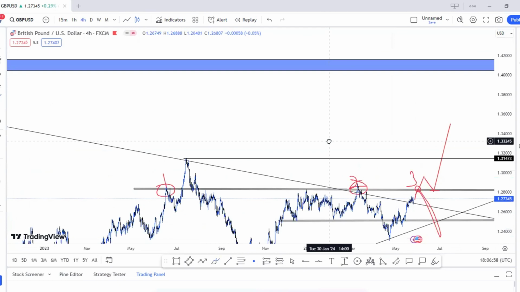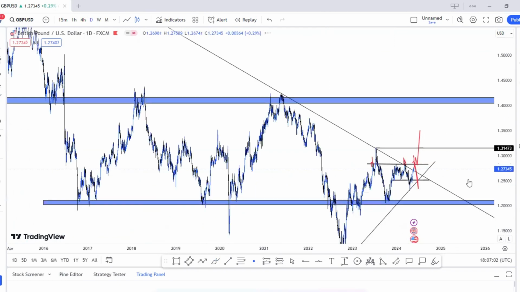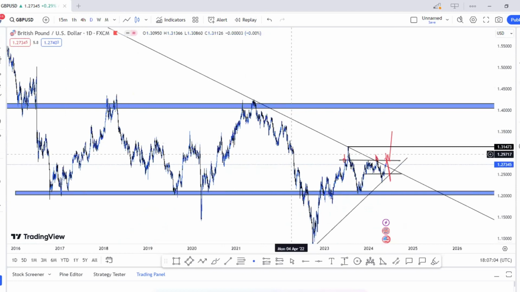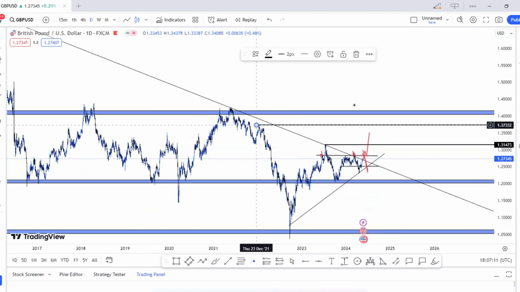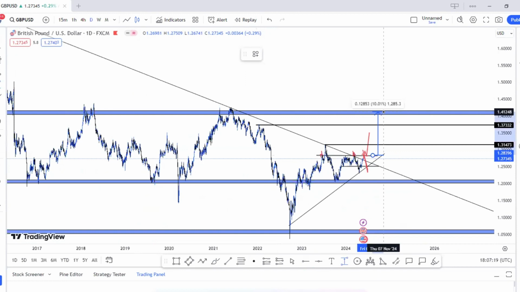Or we switch back to the daily time frame to see possible places where price can find reversal. From here up to this very top, GBPUSD is looking like a potential 1,200 pips to the upside.